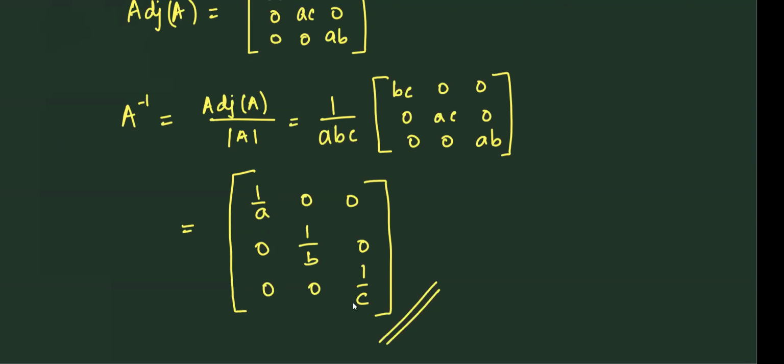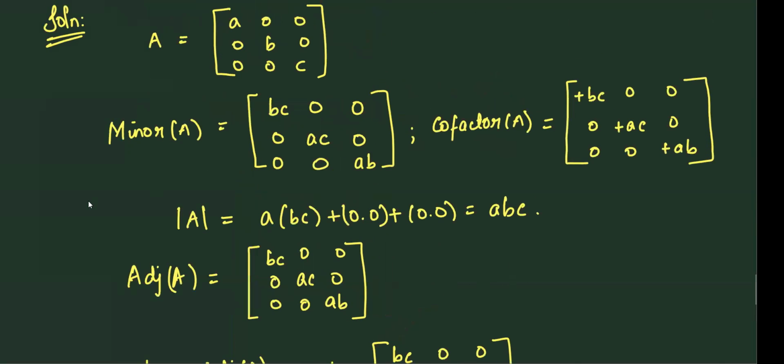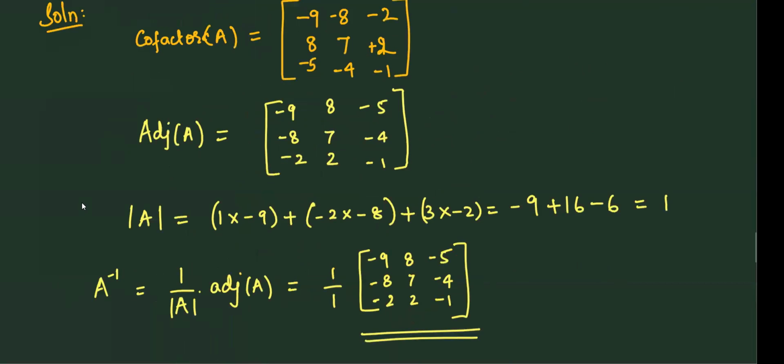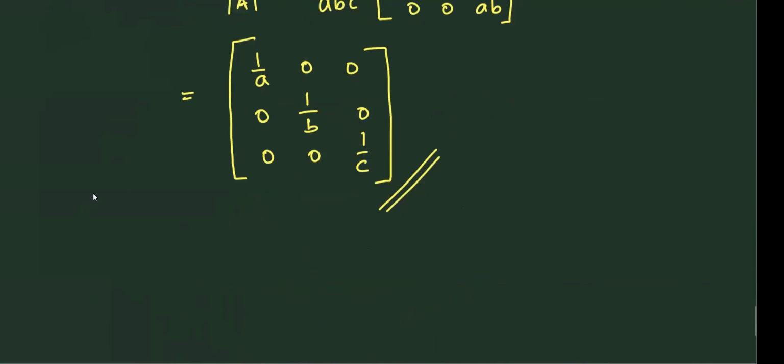As long as A, B, C are non-zero, you can get this. Otherwise, you cannot. The condition for the inverse to exist is that A should be non-singular. Otherwise, the inverse will not exist.